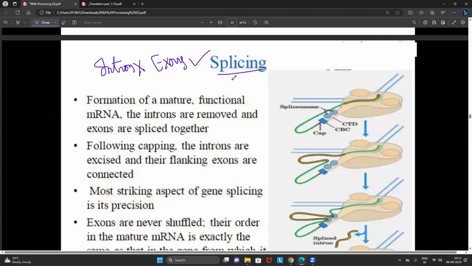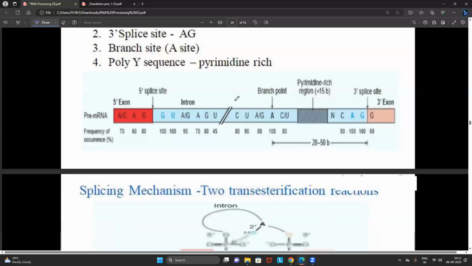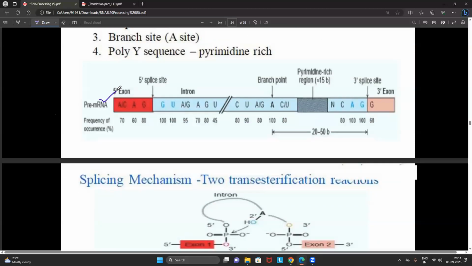Why is it a very complicated step? All the students listen. This is the exon, you know very well, which is the coding part. You also know very well this is the intron, the non-coding part. Why I am saying splicing is a very accurate process is, suppose, friends, even by mistake, remember my words, even by mistake, even a little amount of the exon gets cut.